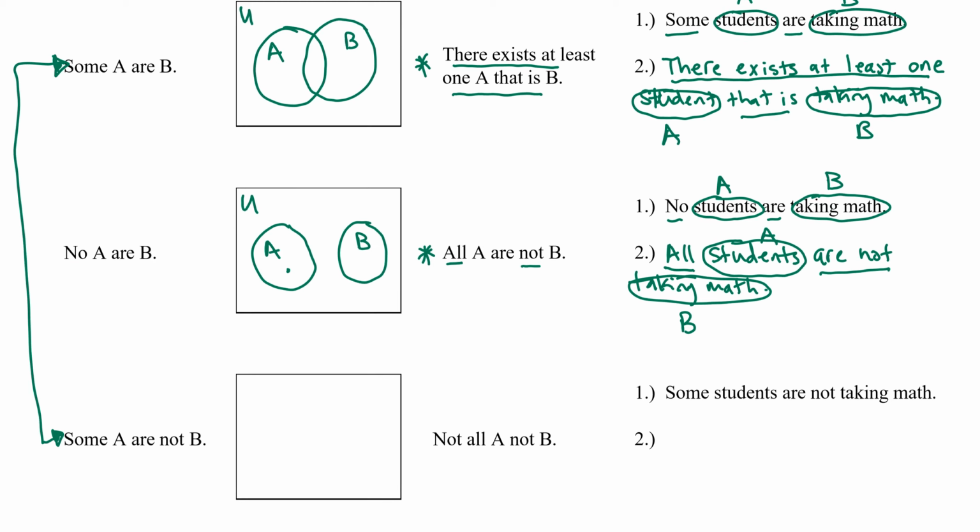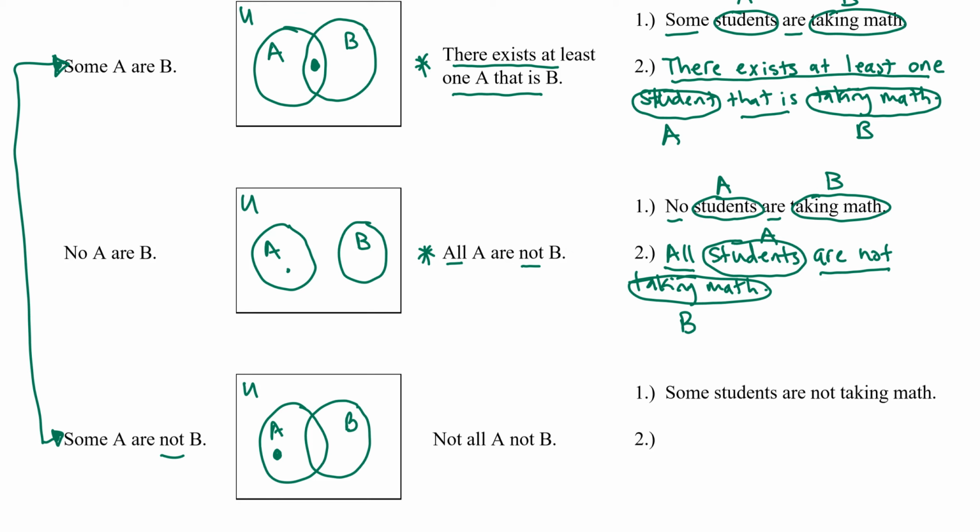Some A are B seems like it could be negated by inserting the word not: some A are not B. But notice on the Venn diagram that the relationship between these two sets is exactly the same. In this example, the some A that are B live in the intersection, but over here, some A are not B, they happen to live out here, but the relationship between the two sets is the same. So saying some A are B is equivalent to saying some A are not B.